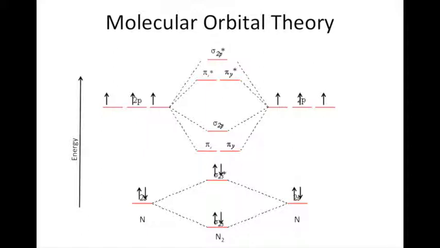Now here we have two orbitals that have the same energy. We say those are degenerate orbitals. We put one electron in each before we go and double up. So we've placed 2, 4, 6, 8. We have 2 more to place. And so this would be the electron configuration for the nitrogen molecule, according to molecular orbital theory.